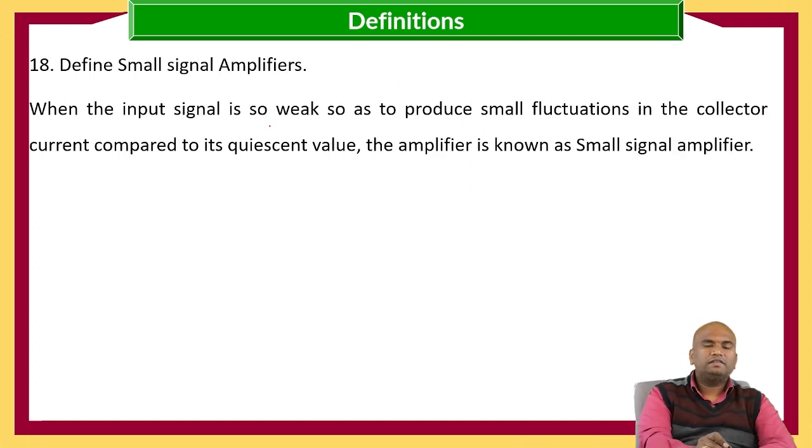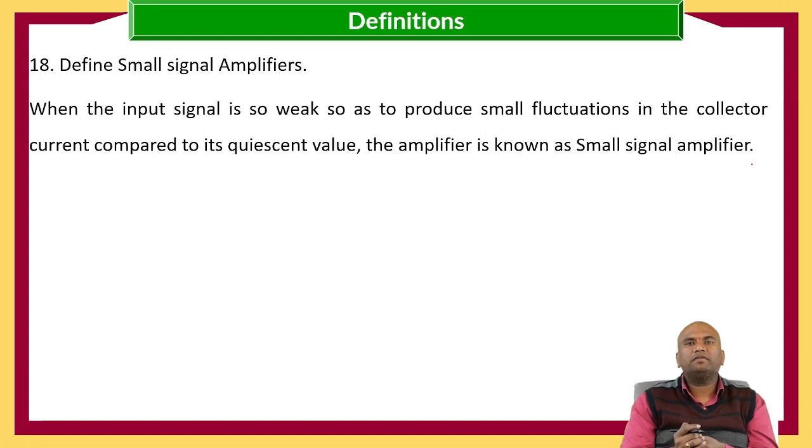The next one is define small signal amplifiers. When the input signal is so weak as to produce small fluctuations in the collector current compared to its quiescent value, the amplifier is known as a small signal amplifier.